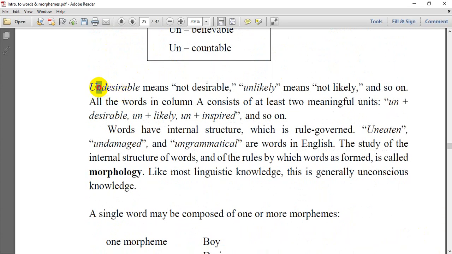Undesirable means not desirable. Unlikely means not likely, and so on. All the words in column A consist of at least two meaningful units: undesirable, unlikely, uninspired, and so on.